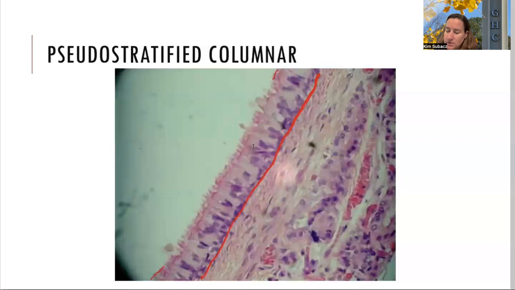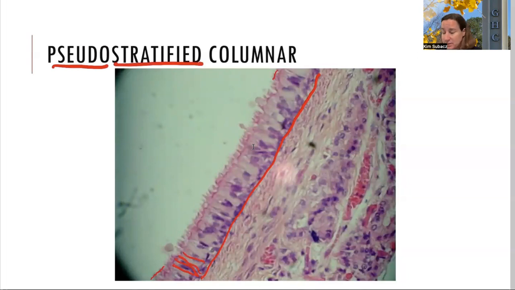These are called pseudostratified because they look like they're stratified, but they are not. These are a single layer of cells, but since they overlap each other a little bit, they are called pseudostratified. So be able to recognize this guy on sight.